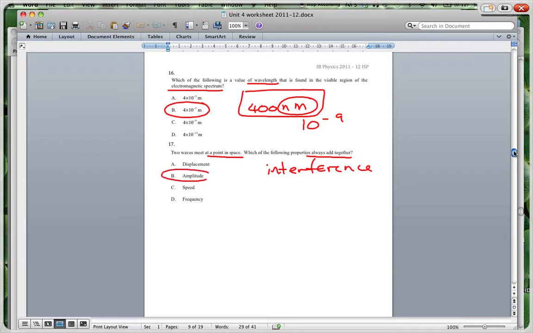The amplitude won't always add, because the amplitude is always your maximum displacement from your equilibrium position. Depending on where they meet, they may have different displacements. So it's going to be A. A is the correct answer for this. It's your displacements at that specific point of each wave that will add together. Okay, so there's the multiple choice.